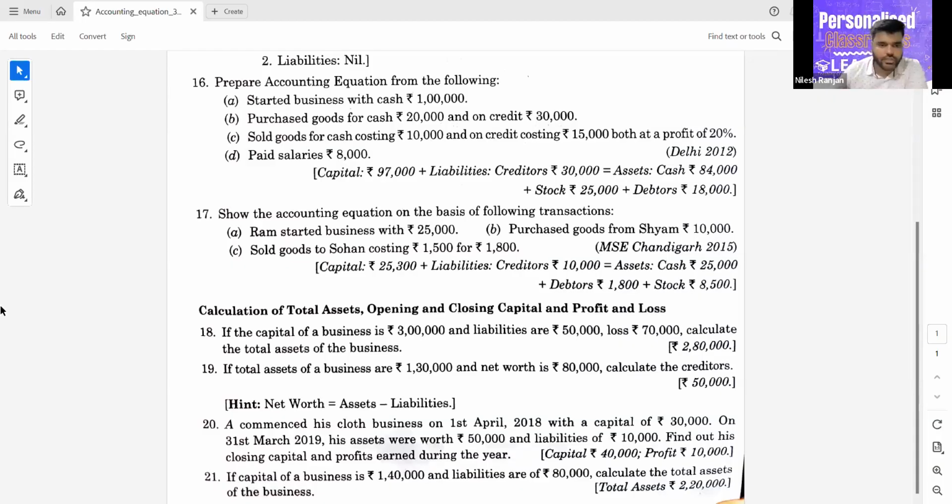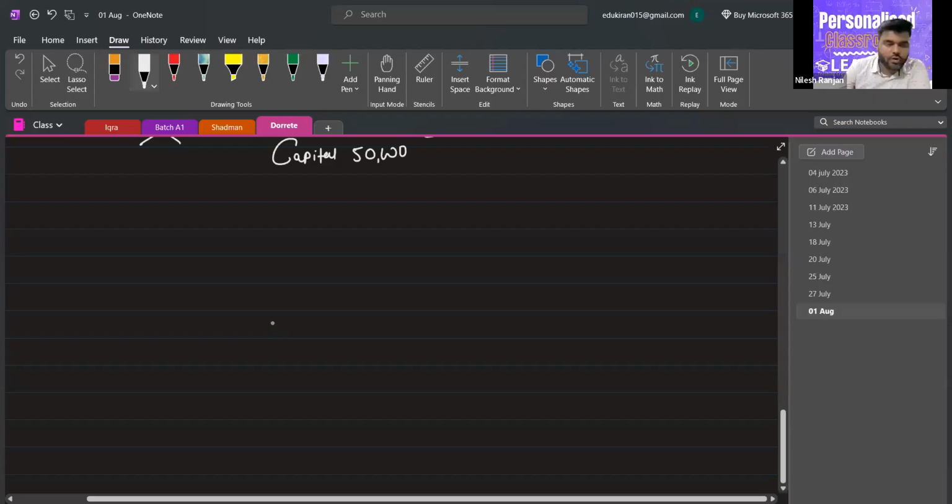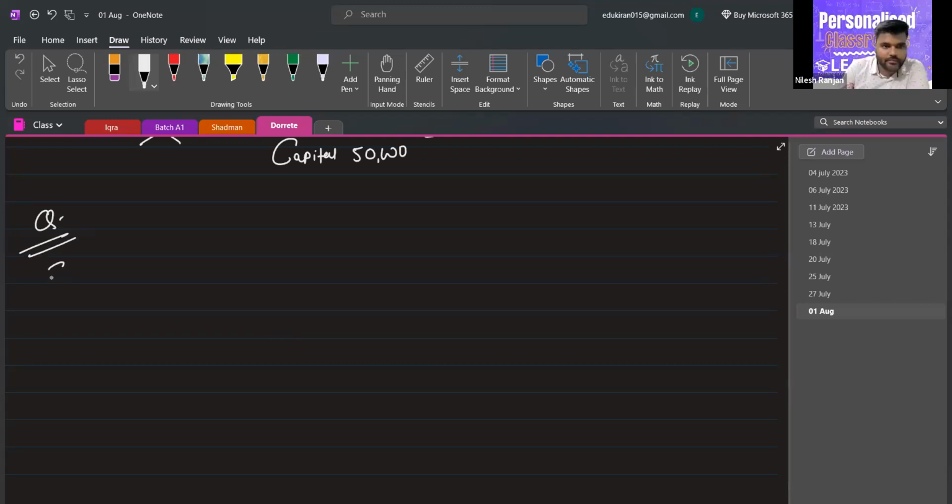Okay. So in this question, first of all, the opening capital is given, and closing assets and liabilities are given. So opening capital equals 30,000.